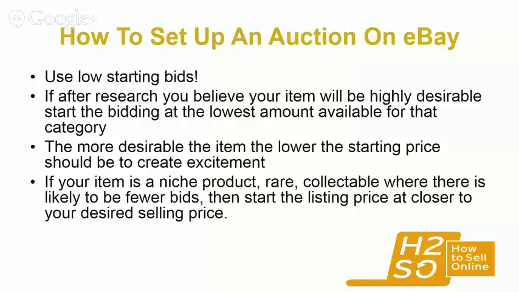So again, it's going back to doing your research, and if you do your research and you use all the right keywords and you bring your research forward before you list your item, you're going to make money. If you can't be bothered, then you're just not going to make any money, and you're wasting your time because you're just going to end up being slightly bitter that eBay doesn't make you any money.